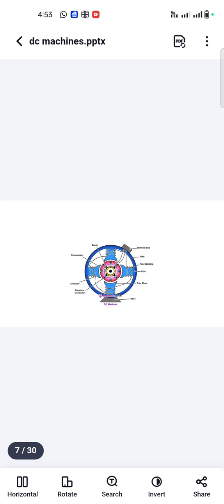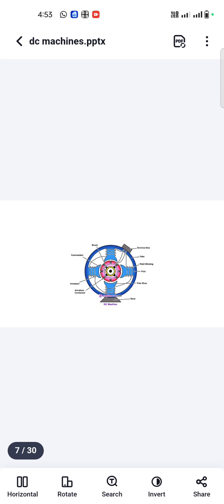It gives mechanical support; that is, it holds the poles, armature, and other parts. Then it gives protection. How does it give protection?